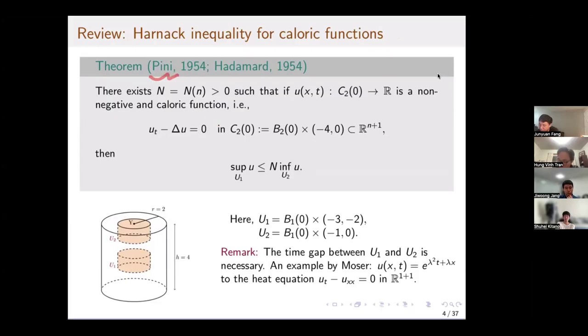Pini and Hadamard, they independently found that there exists some N also depending on the spatial dimension little n, such that if u is a non-negative caloric function, so it satisfies this heat equation in this cylinder, then the supremum of u over U1 will be controlled by some constant N times the infimum of u over U2.